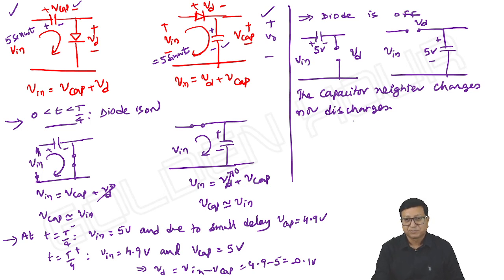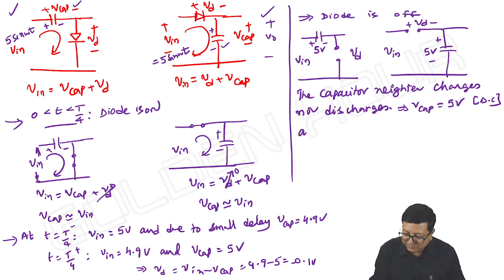Okay. So Vd is equal to V input minus V capacitor. Here also Vd is equal to V input minus V capacitor. It is true, right? So that implies V capacitor is equal to 5 volts, which is a DC signal in both the cases. Okay, and what about Vd?